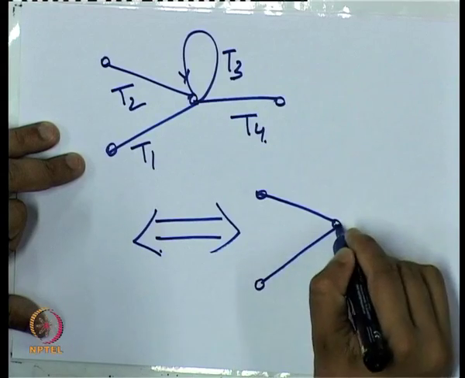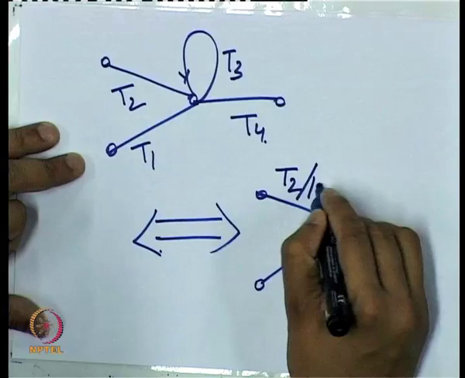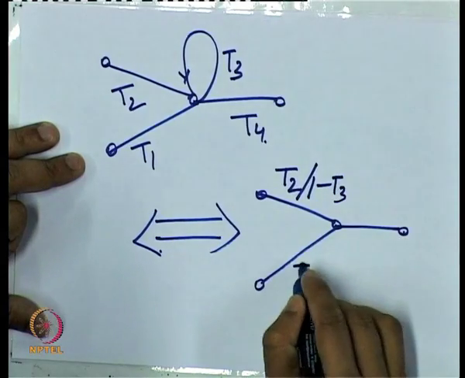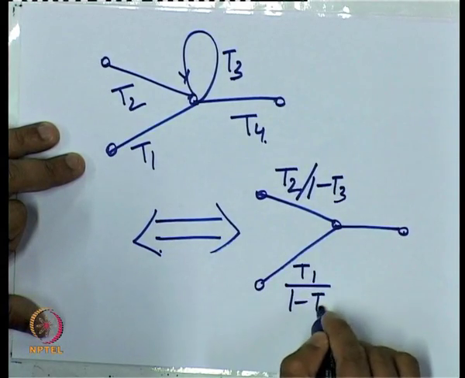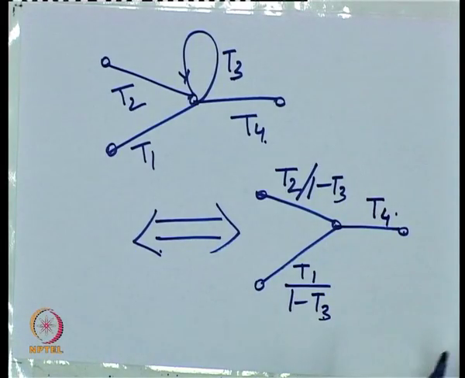We can remove that loop and have an equivalent circuit like this.